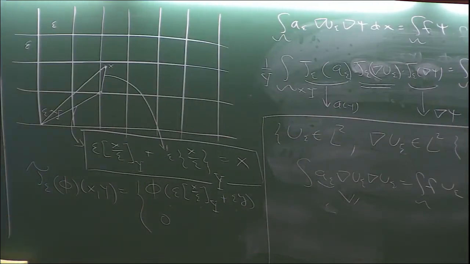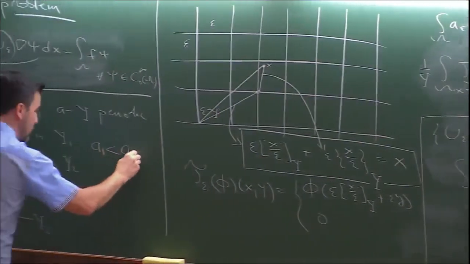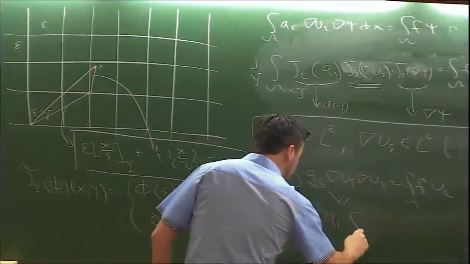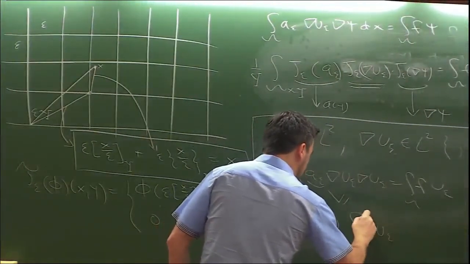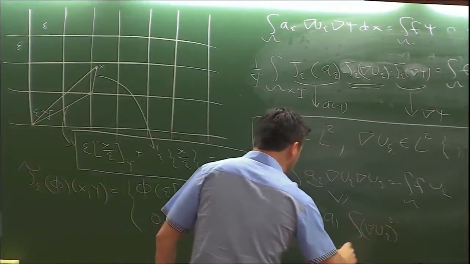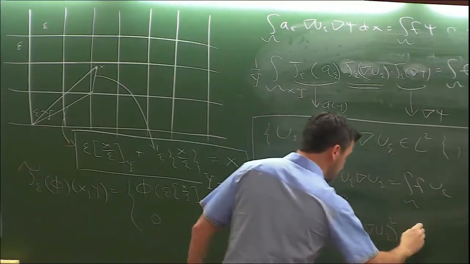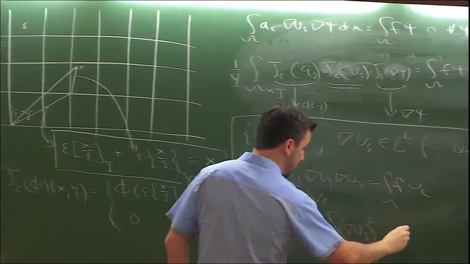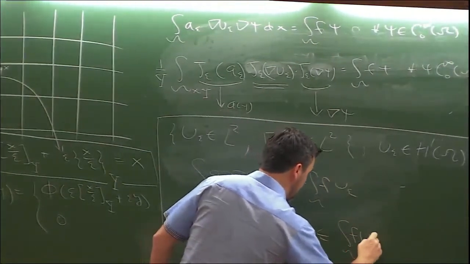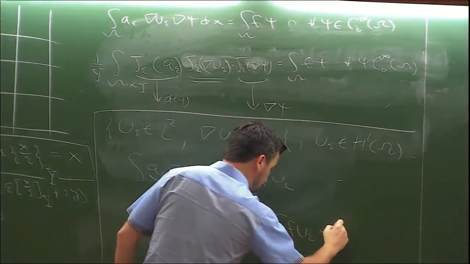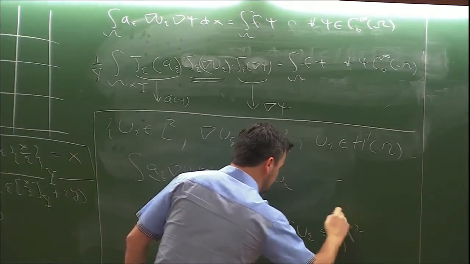Let's assume that a1 is less than a2. So this is greater or equal than a1 times the gradient of u epsilon squared, okay? And so that means that this is less than or equal to this. And here you use the Hölder inequality.